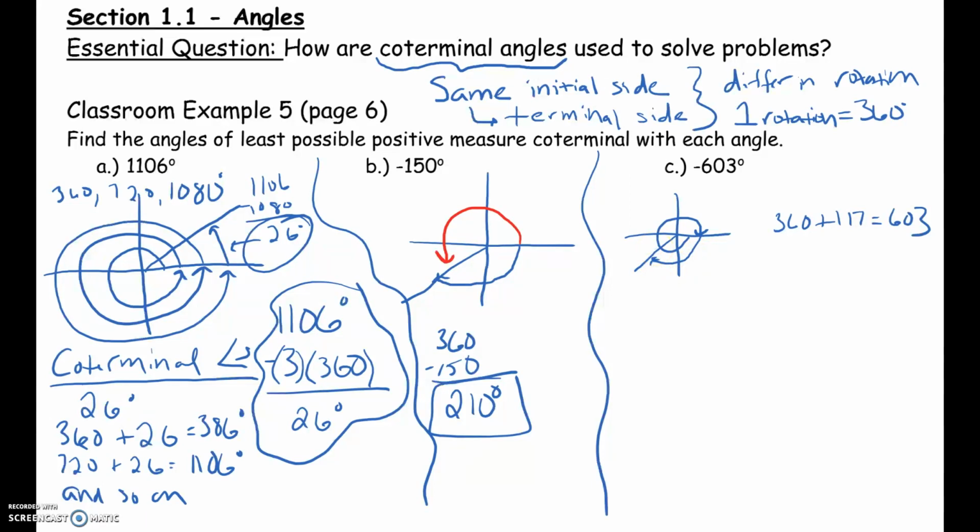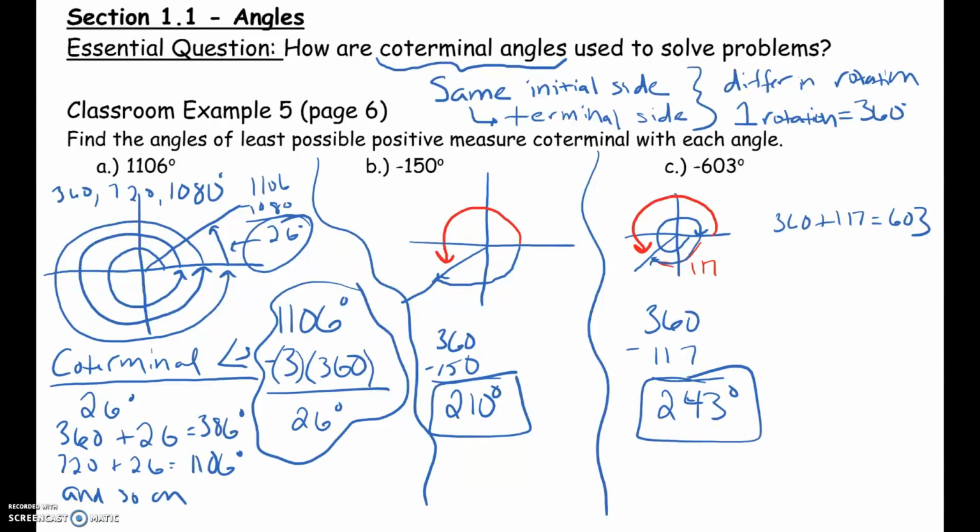But that's not the angle I need to answer this question. I really need this angle. From here to here was 117, so to get the angle I want, I just take 360 minus 117, which is 243. That's the angle of least possible positive measure coterminal with negative 603 degrees.